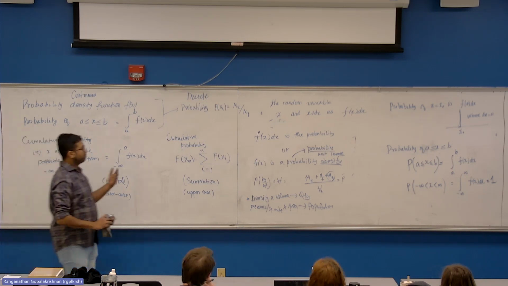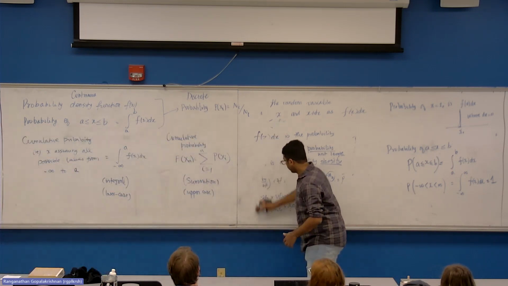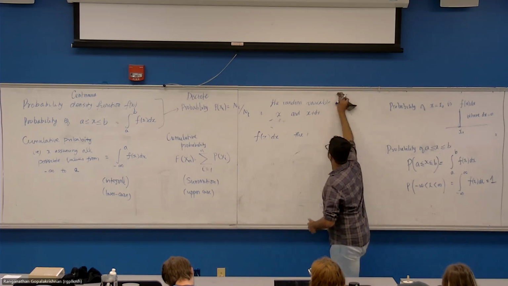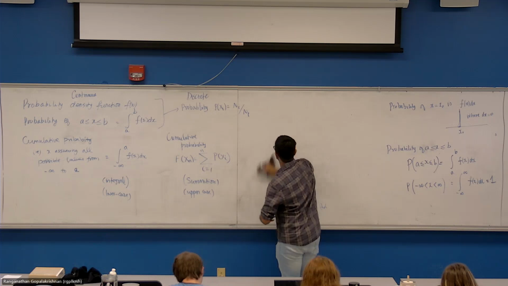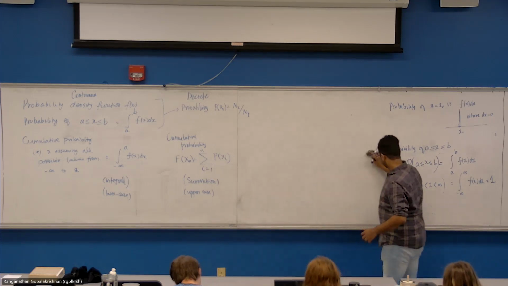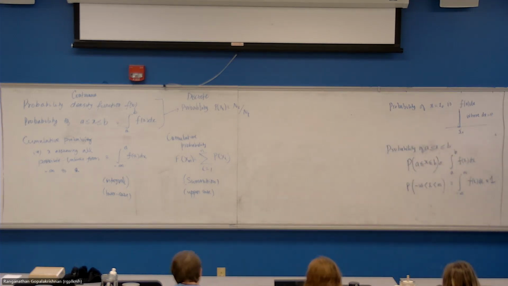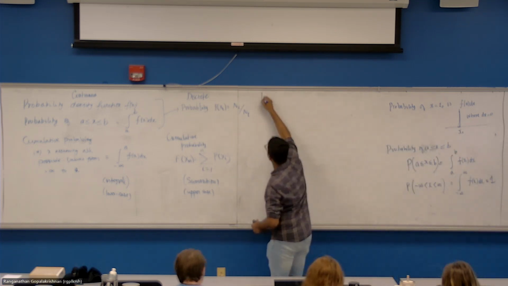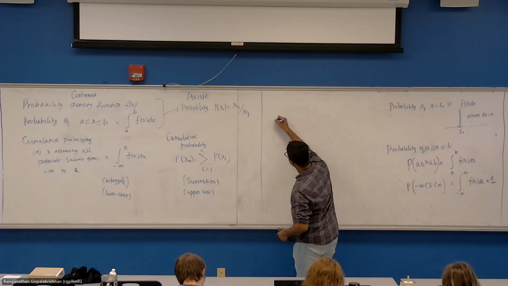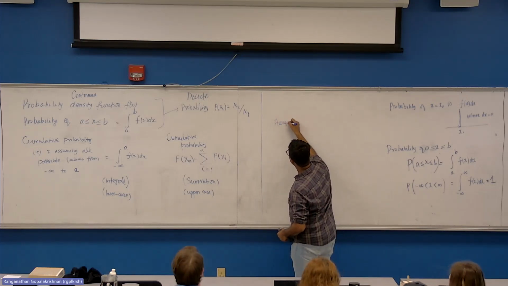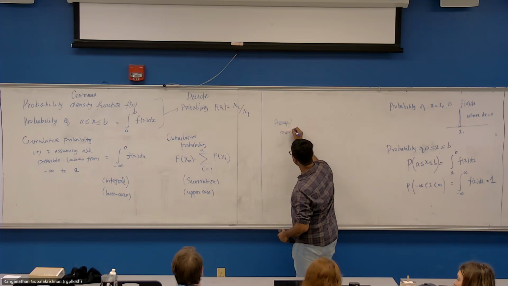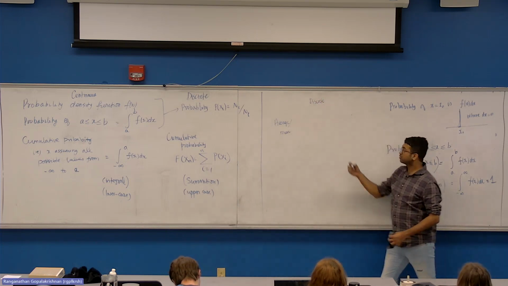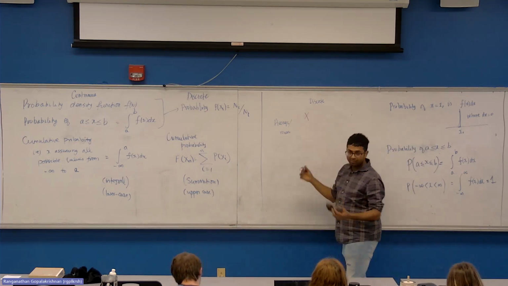Okay. The parallels continue. There are more parallels. So you think about average or mean value. For a discrete distribution, how would you get the average value of x? Suppose x is your random variable.